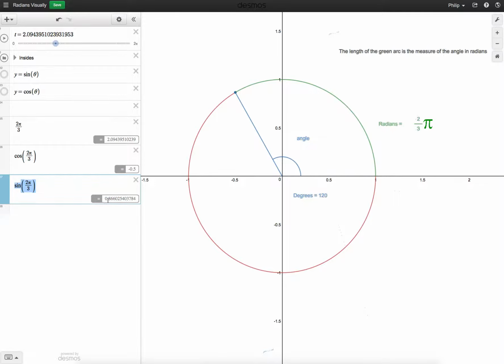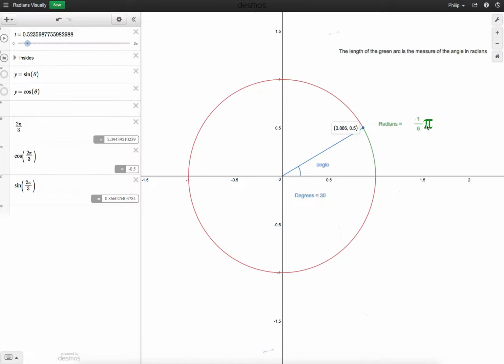All right, so what we see here is some of these values really aren't so nice. Since we're using Desmos, which has a calculator in the background, it's giving us these decimal numbers. So what I want to do is just show you a couple of these numbers, and I'm going to give you their exact values.